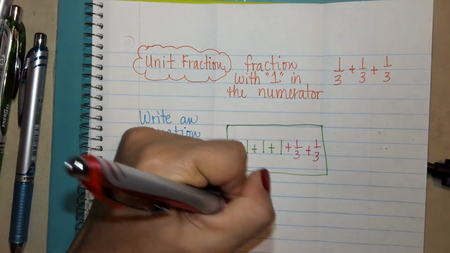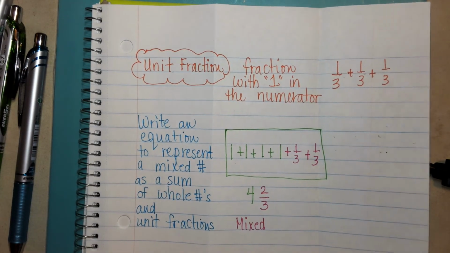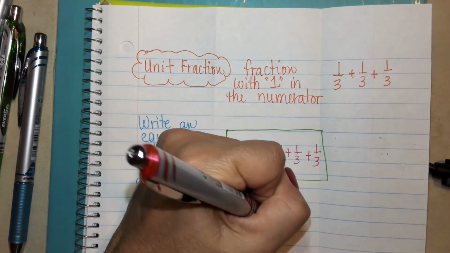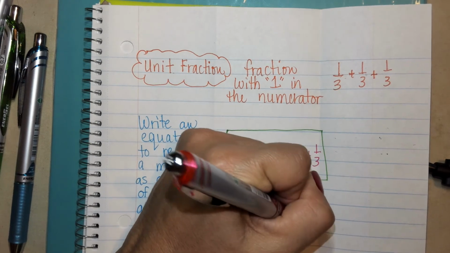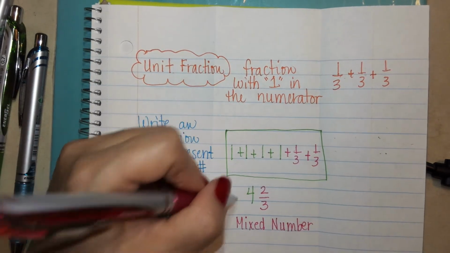And there you have a mixed number. So there were 2 ways to do this. We drew pictures, and we added unit fractions with whole numbers to get a mixed number.